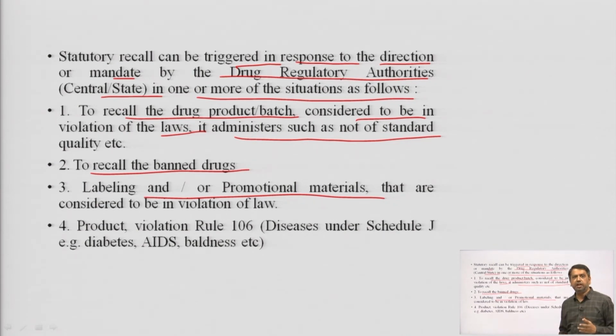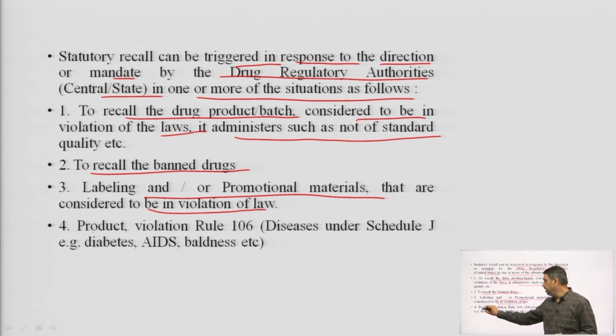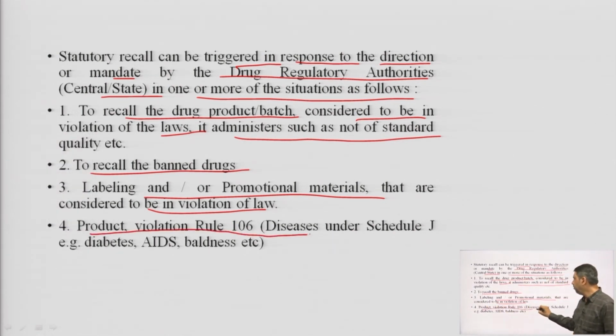There may be a chance that the label used for the packaging of a pharmaceutical product is not appropriate. So, the regulatory agency may ask the manufacturer to withdraw or recall their product. And other than this, the product violation of rule 106.